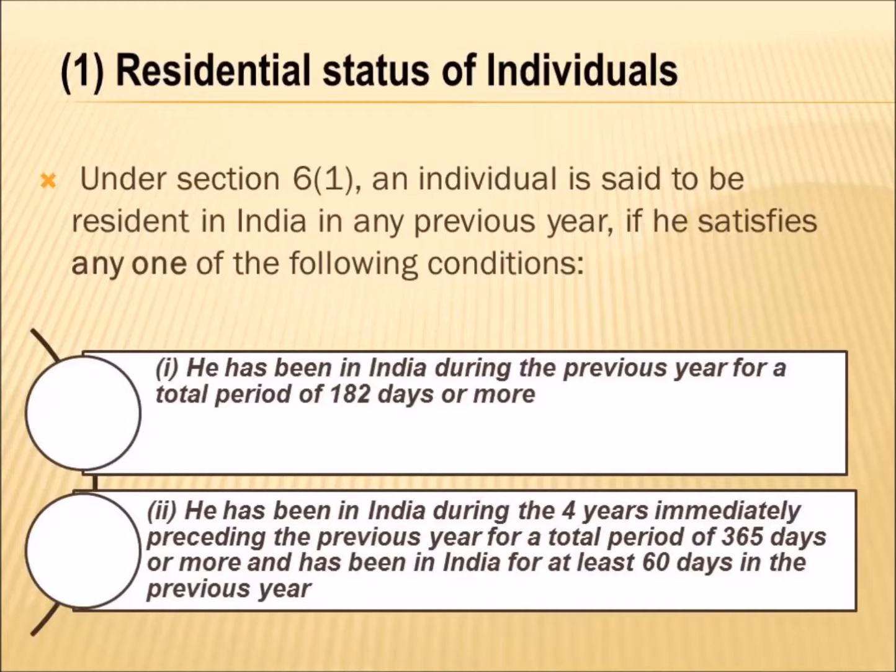If I am not falling under condition 1, that is I am not satisfying the condition of 182 days or more, and the income tax department is seeing the next condition, then in that next condition I have to fulfill two conditions, that is 365 days and 60 days. So these are the two conditions given under section 6(1), which is applied in order to determine whether any assessee is resident or not.